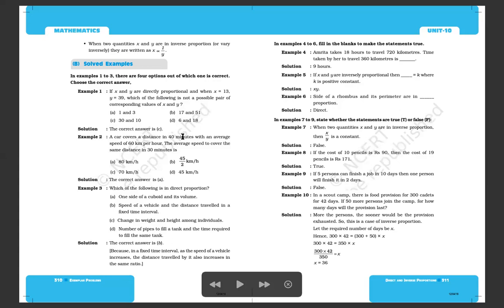For the first case I will say speed and this is going to be time. Distance D is equal to 40 into 60. Same here, I will say equal to 30 into x. Distance is the same, correct? They have said the distance is the same.